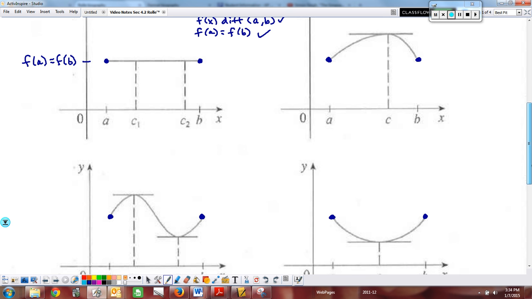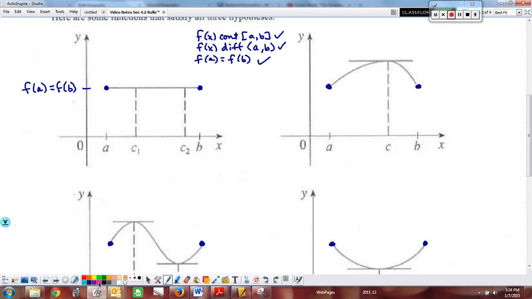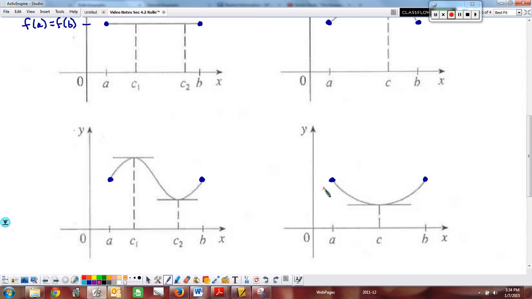Now, the reason why I picked these as your options is basically once you know that the graph is continuous and differentiable, your options are the graph can travel straight across, it can go up and then come back down, it can go down and come back up, or it may go up and down a few times, but eventually it has to come back to where it started from in terms of this height right here.